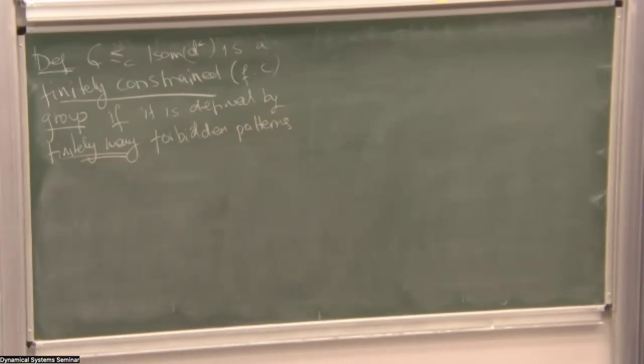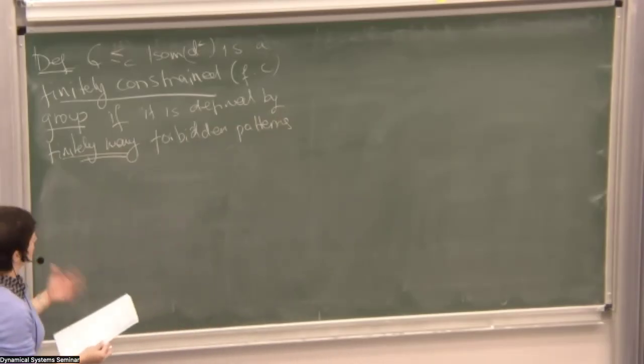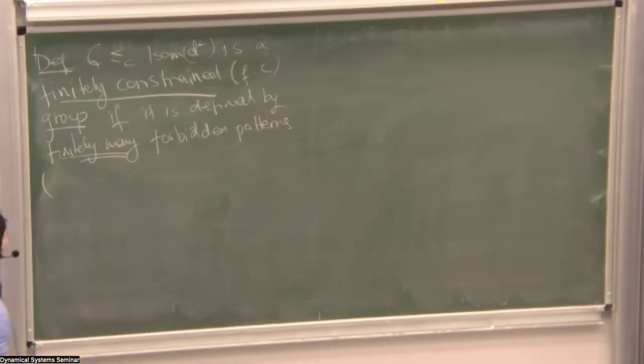Okay, so a finitely constrained group is the tree analog of a shift of finite type, but it also happens to be a subgroup, right? It also happens to be a group. We're not just dealing with symbols, where we can actually compose all the configurations and have a group operation, which makes it more interesting, at least to me, because I do group theory.